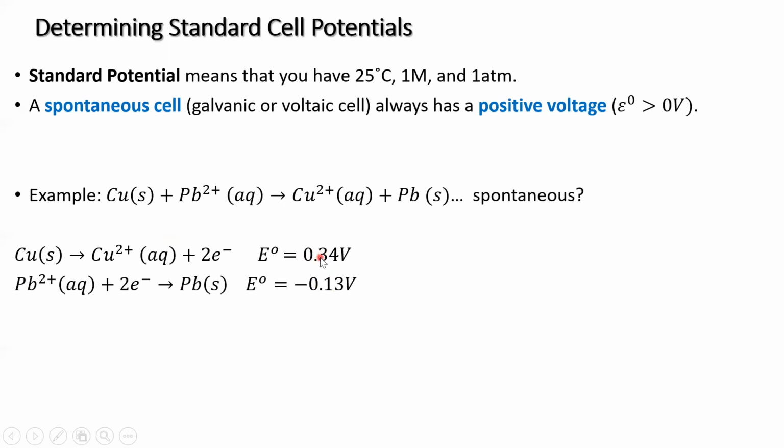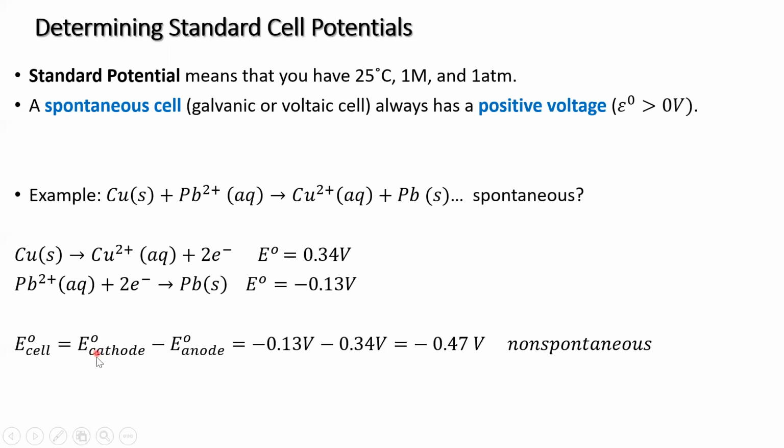It's the reduction potential value for copper ions going to copper atoms, and the negative 0.13 is the lead ions going to lead atoms. To calculate the voltage across this cell, we would take the reduction potential at the cathode and subtract the reduction potential at the anode.